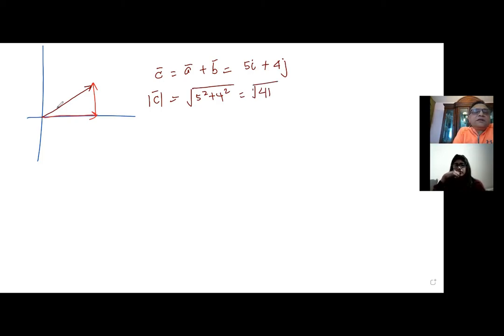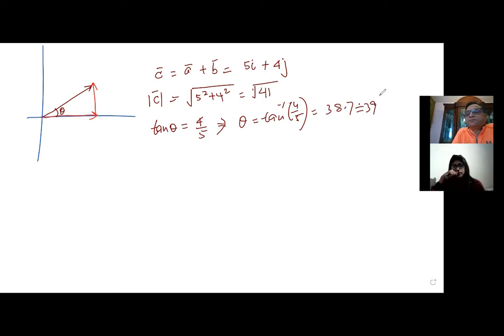Now the direction, we are saying let this angle be theta. So tan theta can be written as 4 over 5. Therefore theta is equal to tan inverse of 4 over 5, which you calculated as 38.7. Let me round it to 39. So that is the theta.